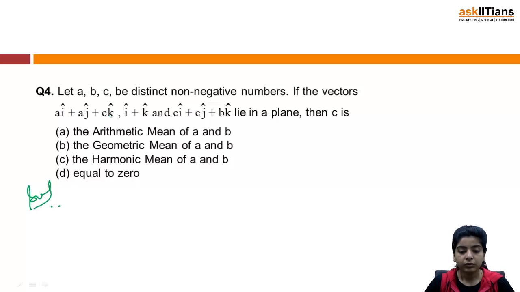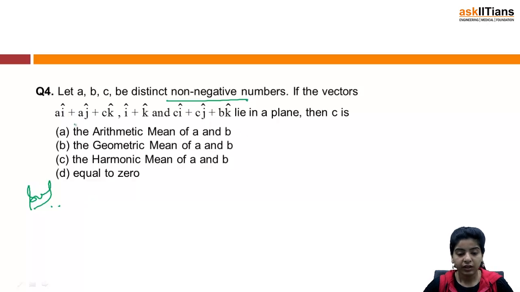Okay, so we are given a, b, c are distinct non-negative numbers, and we need to find out whether c is the arithmetic, geometric, harmonic mean, or whether it is equal to 0. So how will we proceed?